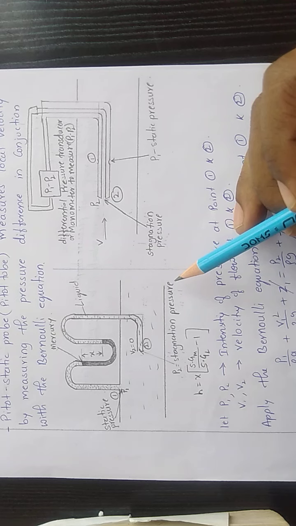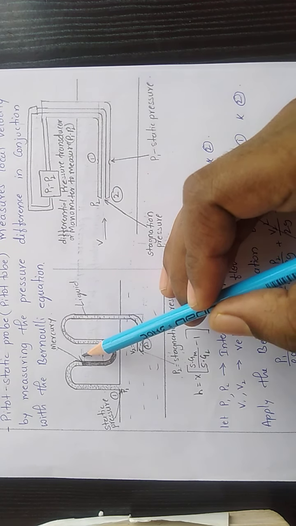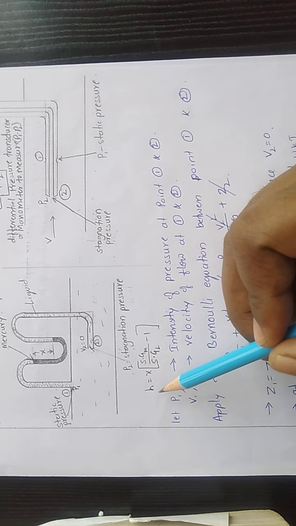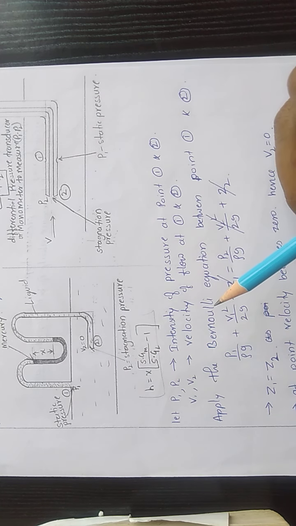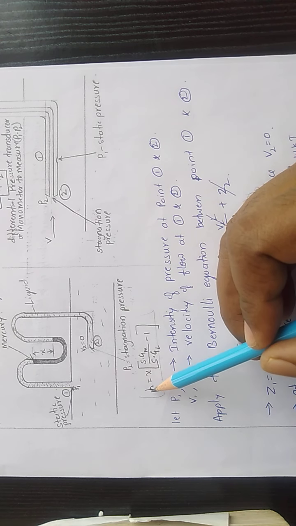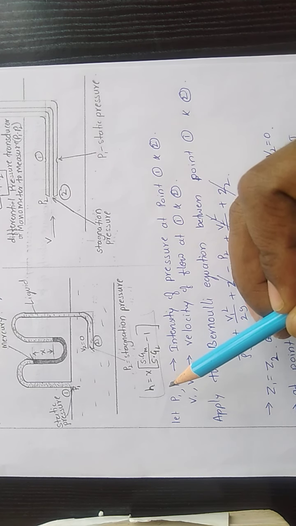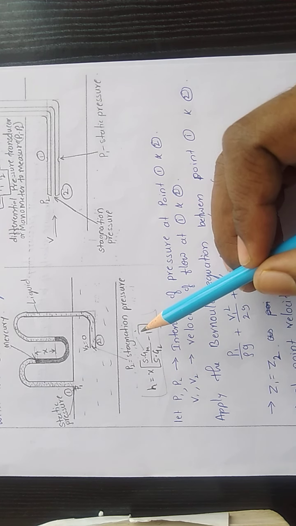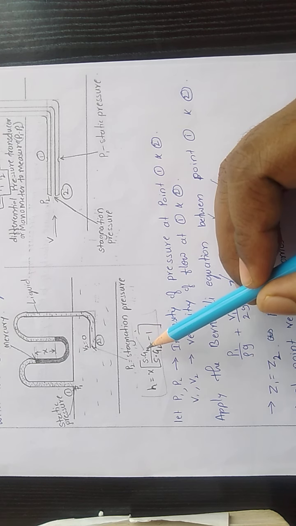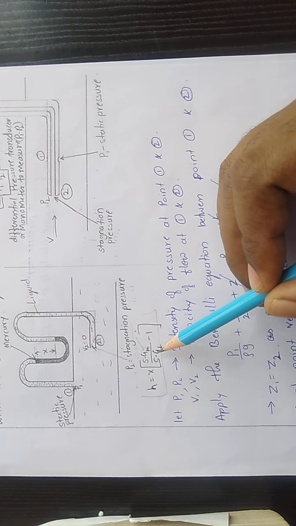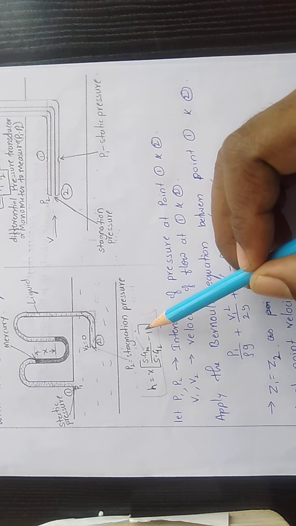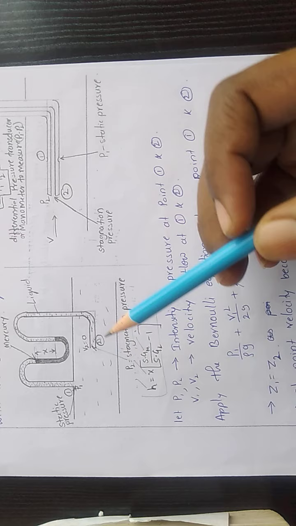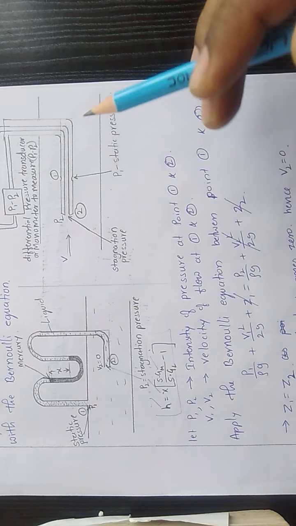Now if you want to convert the height of this manometer into the height of water head, this is the formula we discussed in the last class, even in the manometer classes. I want to find head of water: H is equal to x into (specific gravity of the liquid in the U-tube manometer divided by specific gravity of the liquid in the pipe, minus 1). This will convert head of mercury into head of water. So this is one way of arrangement.